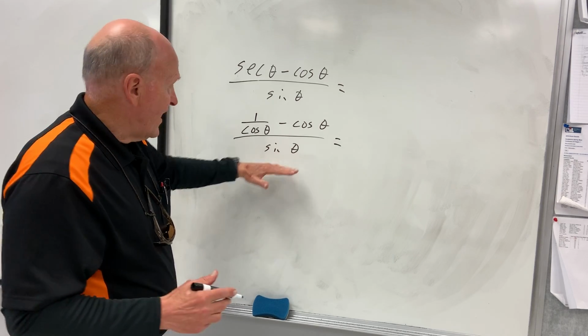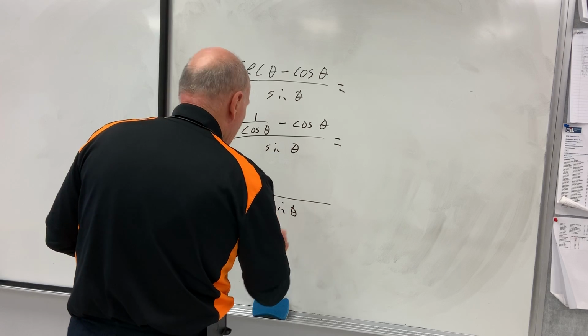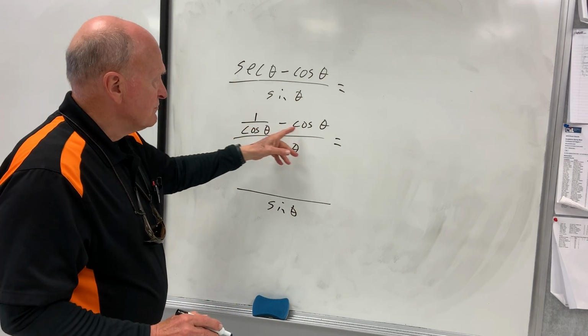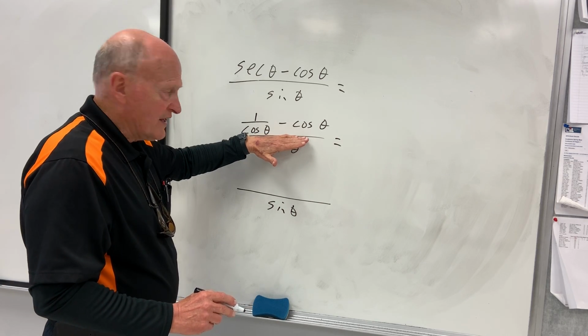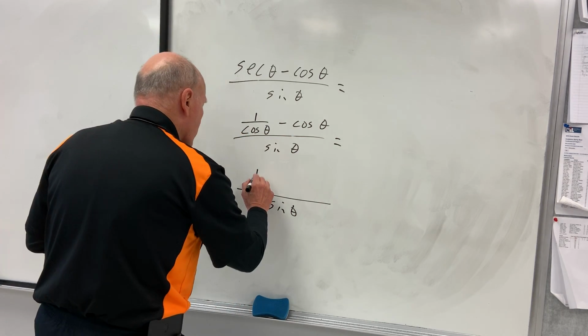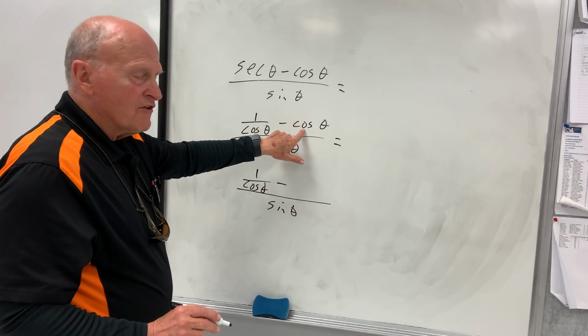Now then I want to simplify it. Well, I see that in the numerator, I have a fraction plus a number. I need a common denominator in order to simplify this. This is already over cosine, and I need to put this over cosine.